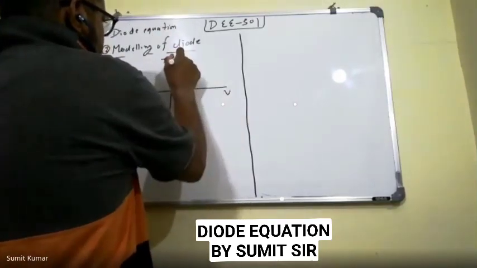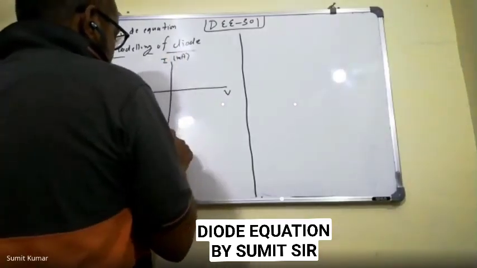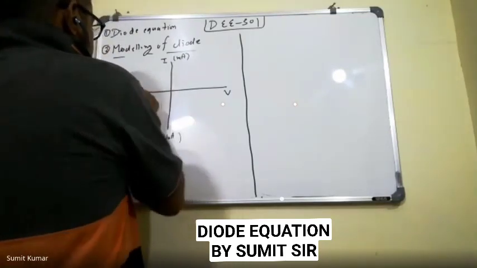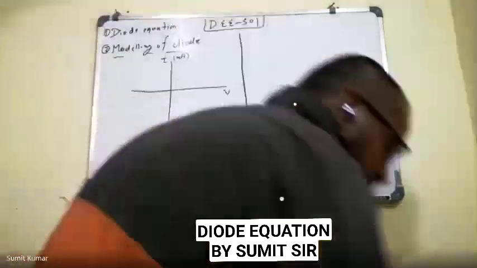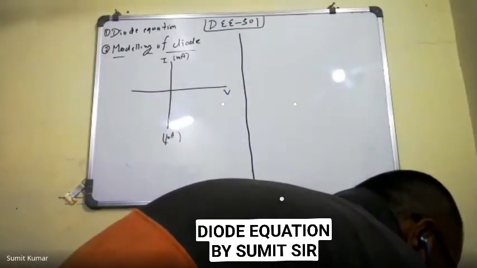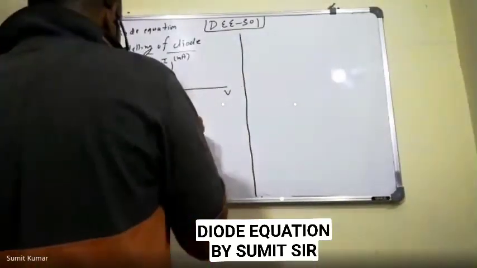Here, the current is in milliampere. Here, the current is in microampere. The characteristics of diode goes like this.